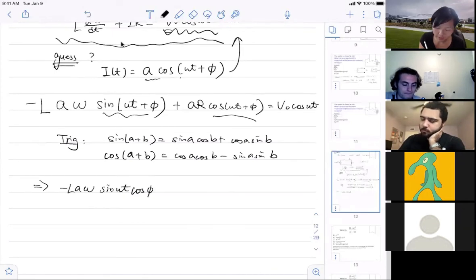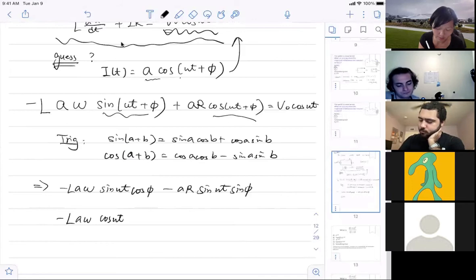But after I expand using the trig identities, I get something like this. I'm going to write my left-hand side in 2 rows. It's a little bit easier on the eye.